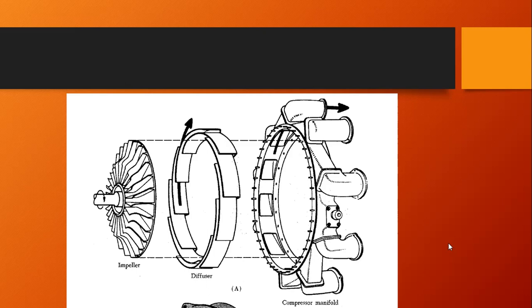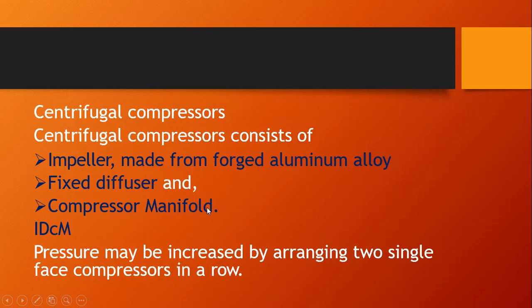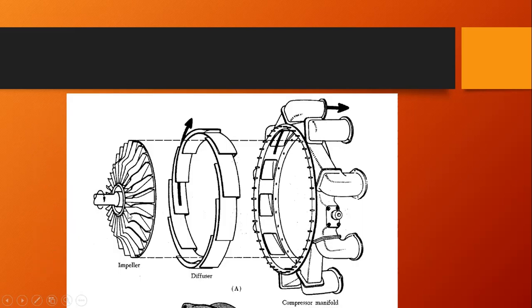I think we can see here the parts of the centrifugal. We see the impeller, it has these blades, then we see the diffuser, and then we see the compressor manifold.